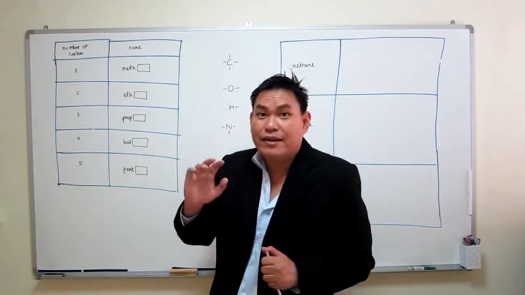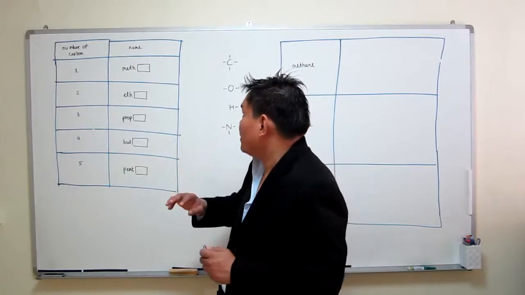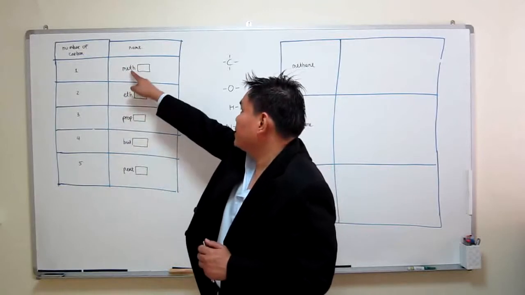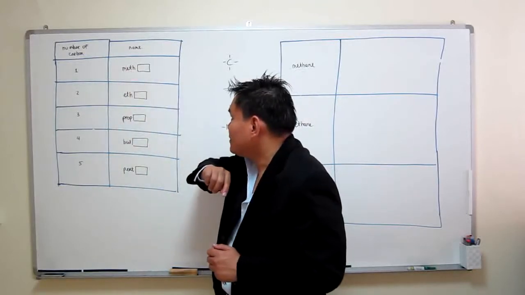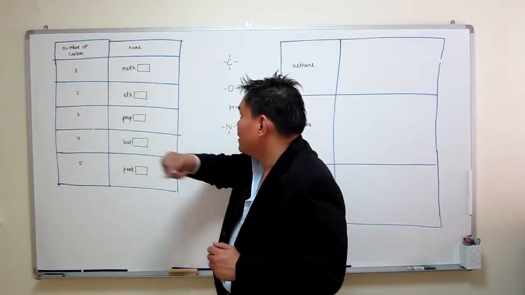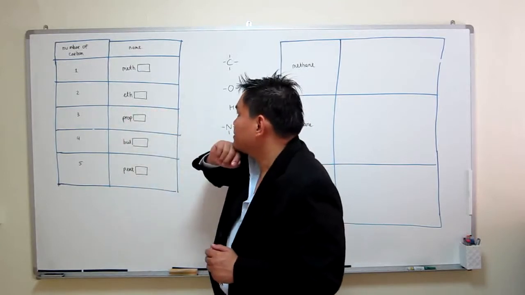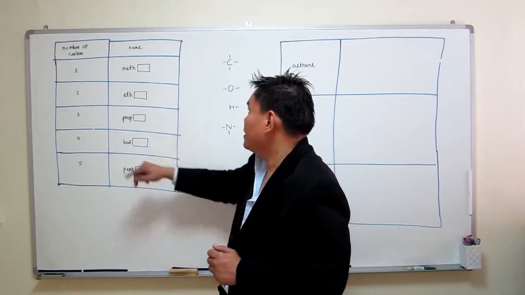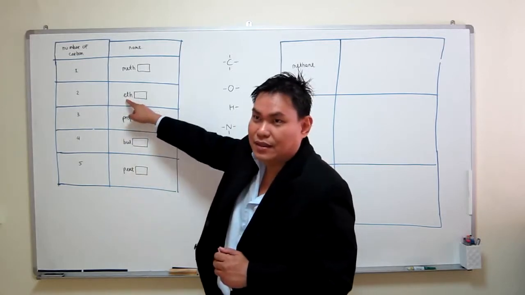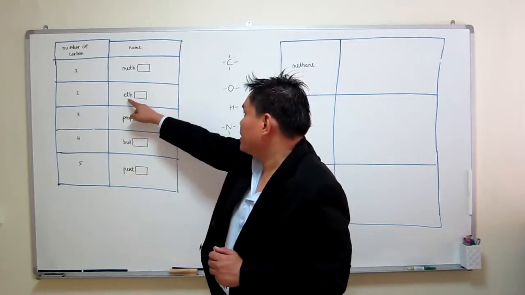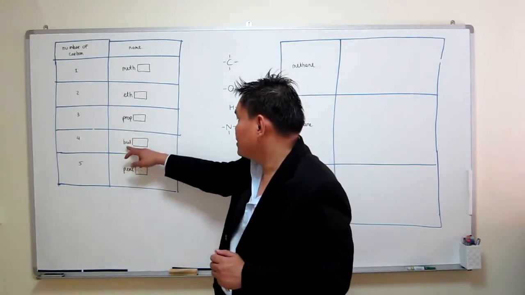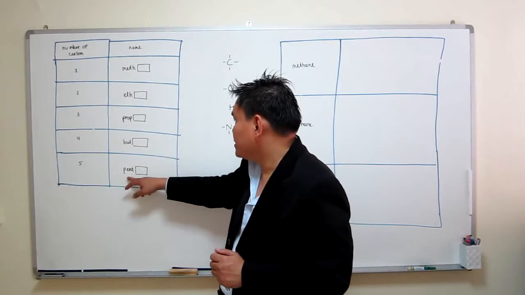If you have one carbon, the name of that organic compound starts with the word meth. If it contains 2 carbon, the name must contain the word eth. 3 is prop, 4 is but, 5 is pent.